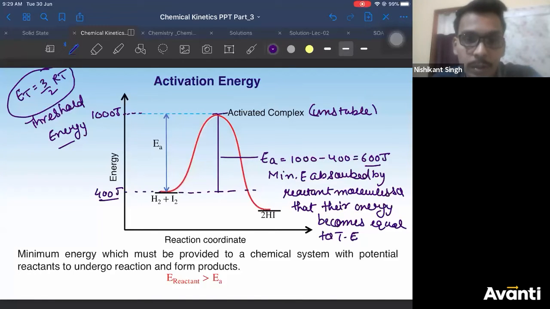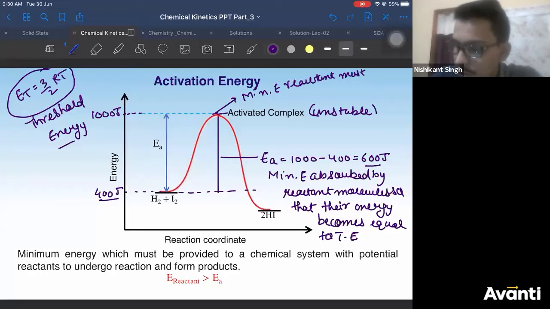And you can say threshold energy is the minimum energy reactant molecules must have to convert into product, right? Both the definitions are important.